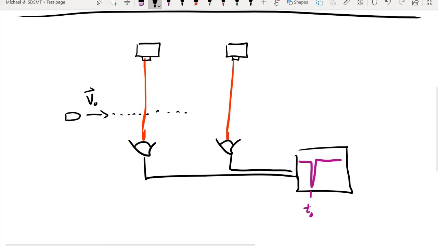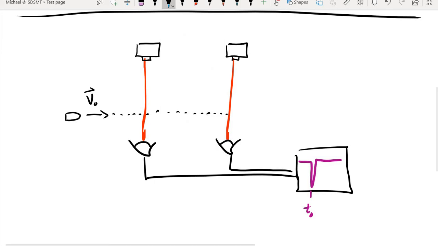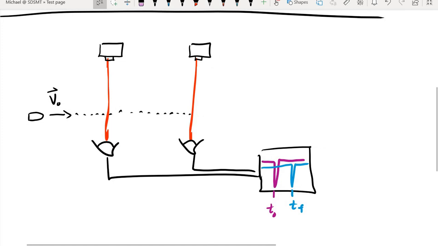Then the bullet would continue and pass through the second laser beam. I'll use a different color for this one. And we would see another dip in the intensity of the beam, and the computer would assign a time for that as well. We can measure the displacement from one laser beam to another.